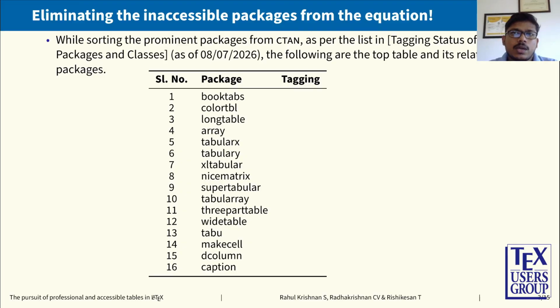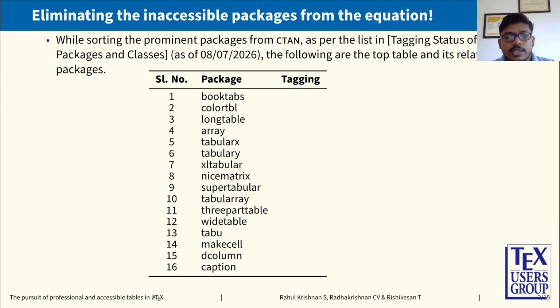While sorting out the prominent packages in CTAN during my pursuit, I have found that in the mentioned website, the tagging status of LaTeX packages and classes are maintained by the LaTeX project team. As of 8th July 2026, there are some packages that cannot be used for an accessible table.